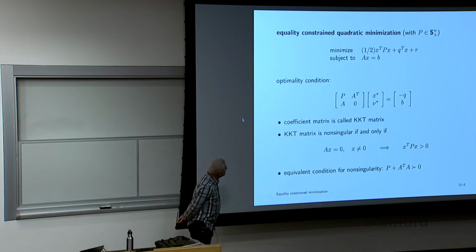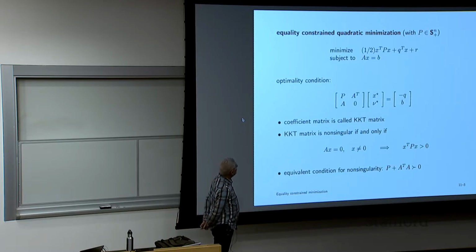Okay, so let's see. You can work out that this thing is going to be non-singular. It is certainly not positive definite. In fact, it's what people call quasi-semi-definite, right? But this KKT matrix here is invertible if and only if, roughly speaking, the null space of A does not intersect the null space of P. So if there's a common vector that both satisfies Ax equals 0 and Px equals 0, then this thing is singular, right?